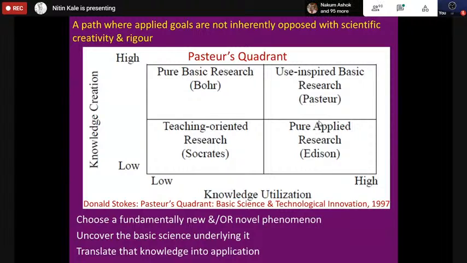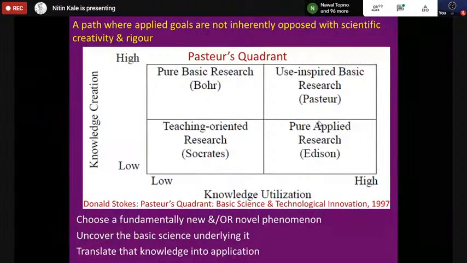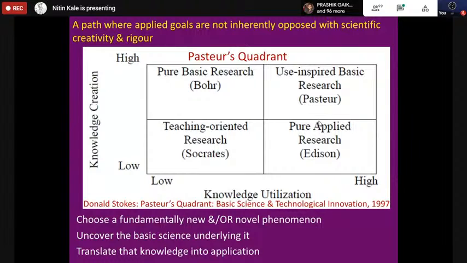The best example, the fourth example, is from Louis Pasteur. So Louis Pasteur is use-inspired basic research, where knowledge creation and utilization are both very, very high. So what Pasteur did was, Pasteur was a chemist basically, and he found out that milk that goes bad has a certain microscopic reason.